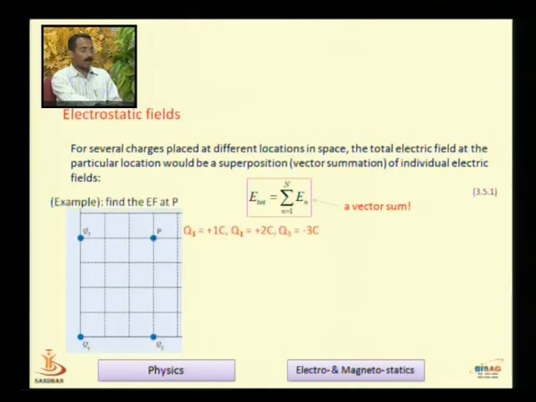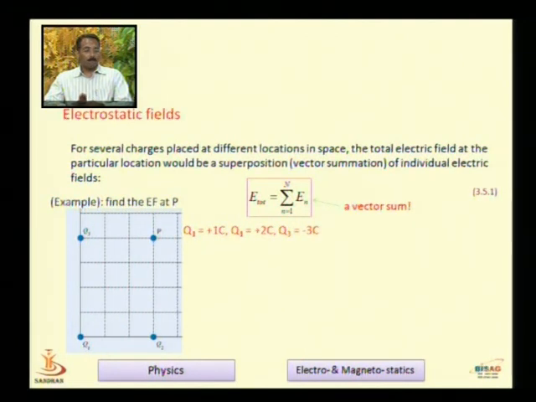It will be clear to you with another example. Consider three charges as given in the diagram. We have three charges, Q1, Q2 and Q3, and we want to find the electric field at point P because of these three charges.